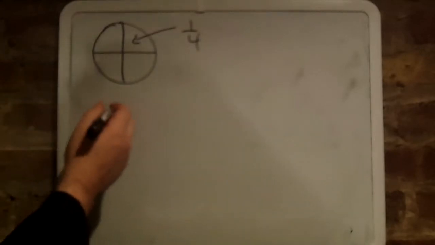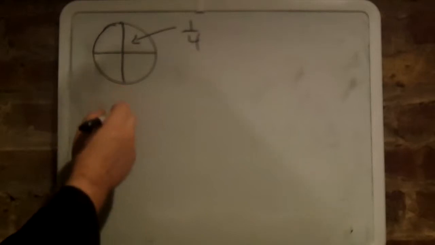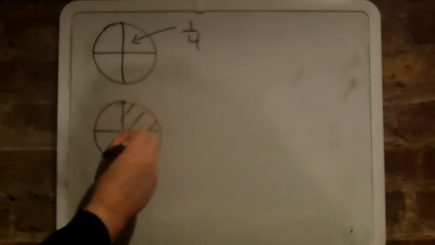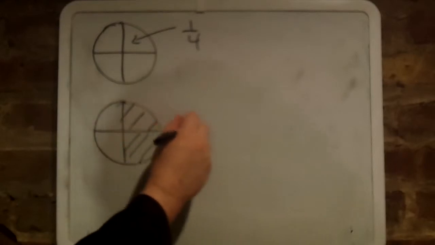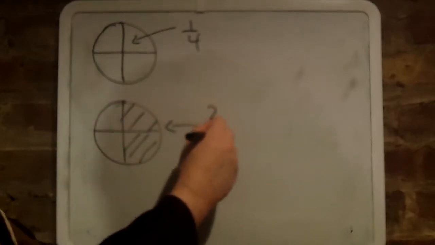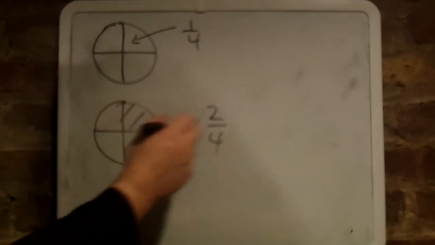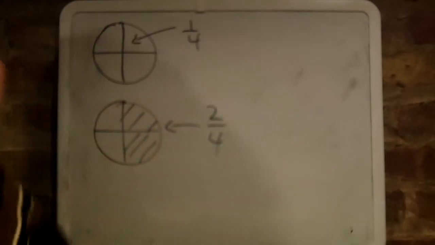Or another way you could think of it is, if it's the same idea of a pizza and you have, say, 2 slices, that would be 2/4, right? Each slice is 1/4 and we have 2 of them, so that would make it 2/4.